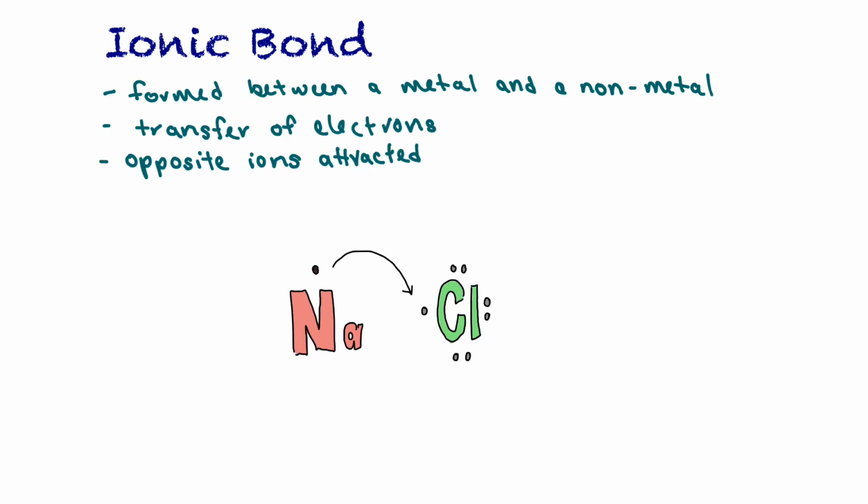So in the example here, sodium is giving up an electron because it only has one in its valence ring to chlorine, who really would like to fill its valence ring. So it's going to take that extra electron to fill it up, and then we're going to have a positively charged sodium ion and a negatively charged chlorine ion, and those two ions will be attracted to each other, and that attraction is an ionic bond.